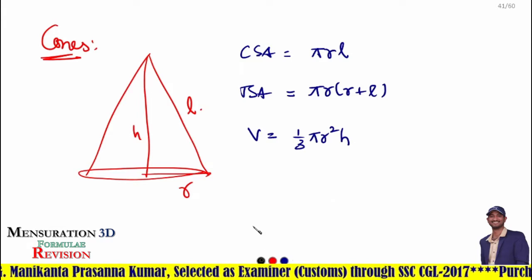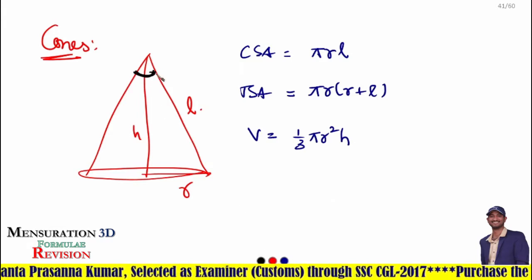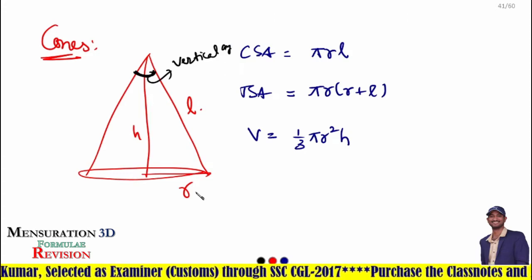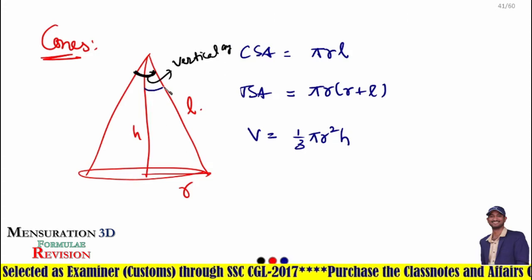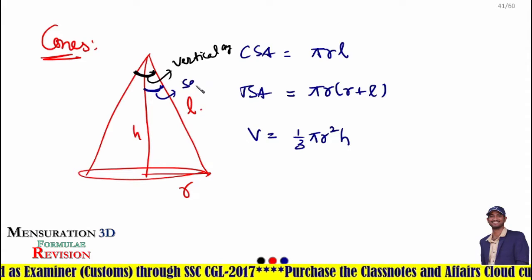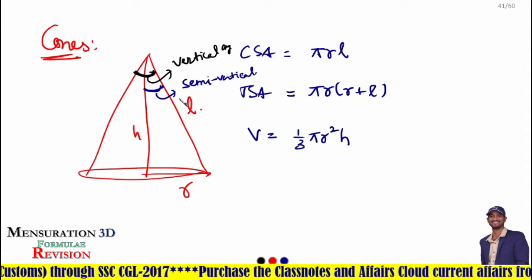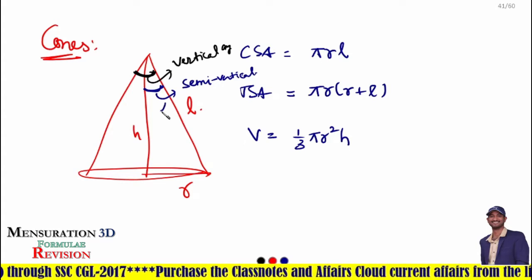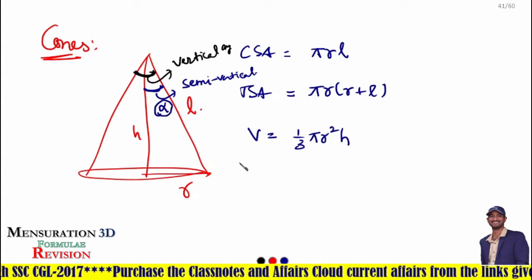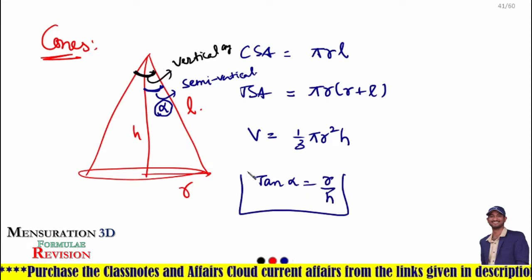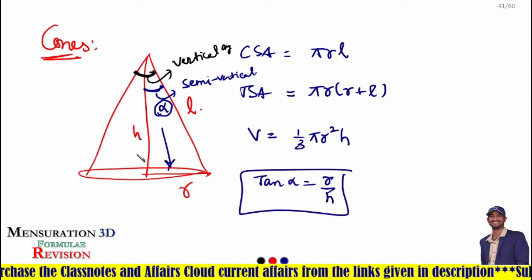Please remember the angle at the apex is called the vertical angle. Half of this vertical angle is the semi-vertical angle. If the semi-vertical angle is alpha, then tan alpha equal to r by h, opposite side by adjacent side.